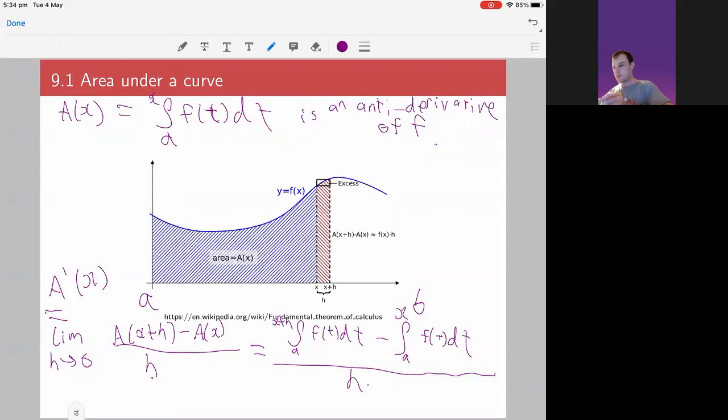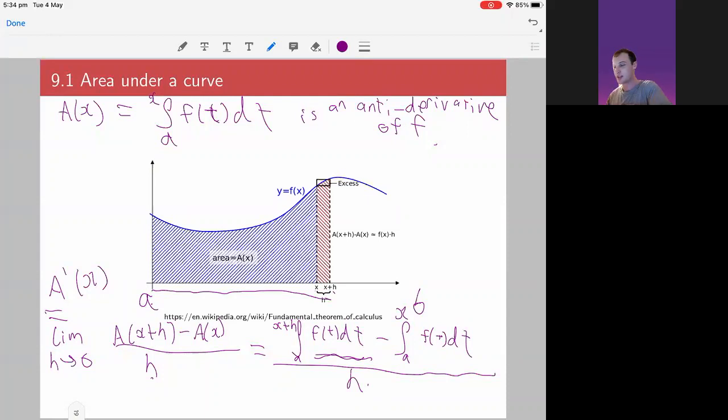Now, this leftmost guy here, the integral of F of t dt from a all the way up to x plus h. Well, if this is a, this is x, and this is x plus h, then this integral here is meant to be capturing all of the area underneath this curve here.